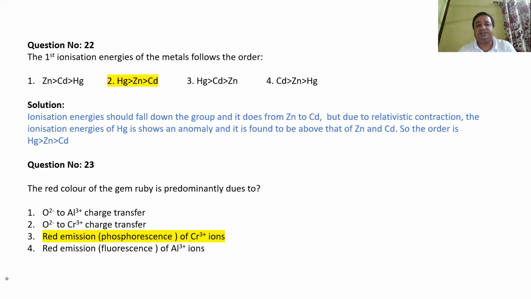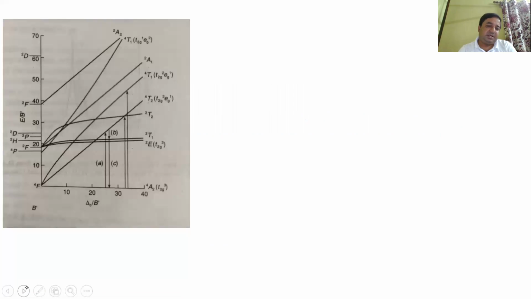But since here it is the aluminium 3+ state and the chromium 3+ state, these are not the correct options. However, we have to choose from 3 and 4. To explain that, we will consider the d3 Tanabe-Sugano diagram for chromium.